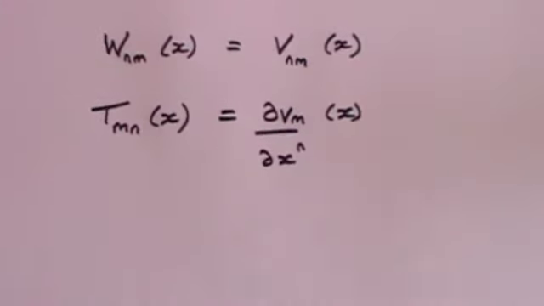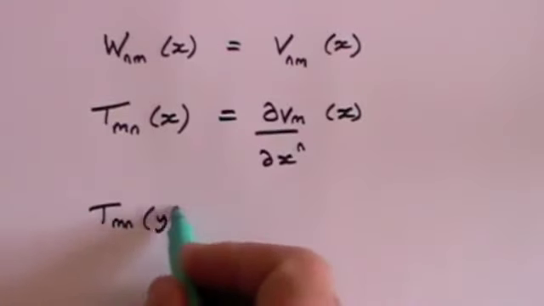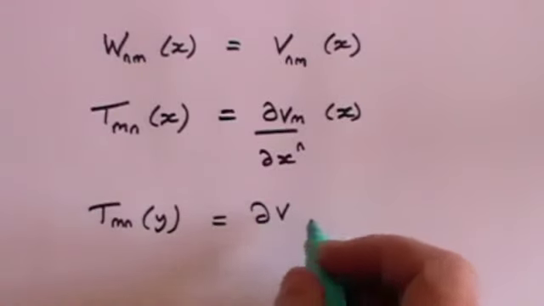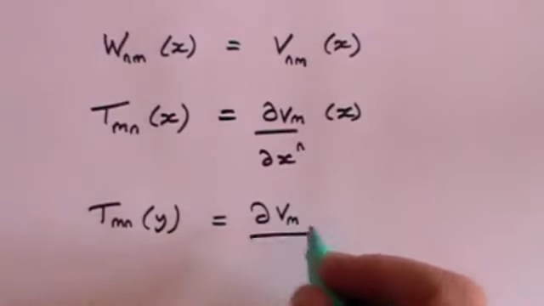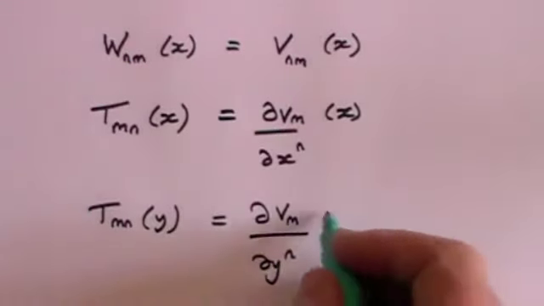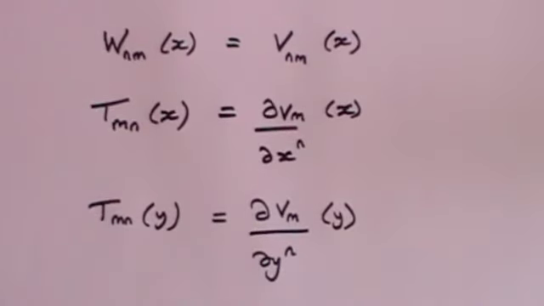Now the question is, does that same tensor in the y frame of reference equal the derivative of the vector m with respect to y in the y frame of reference? Is that true? And the answer is no, sadly, and we'll find out why.